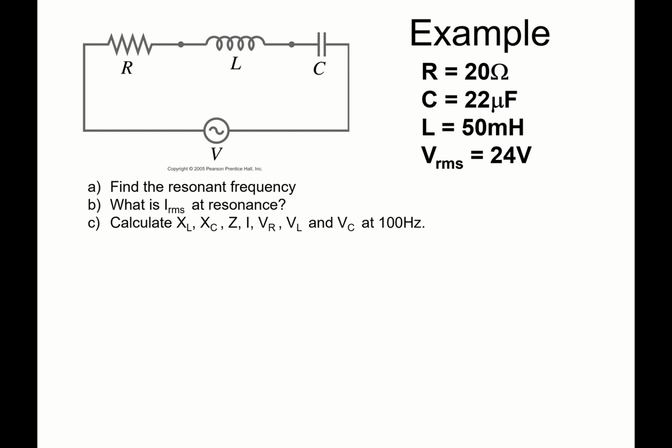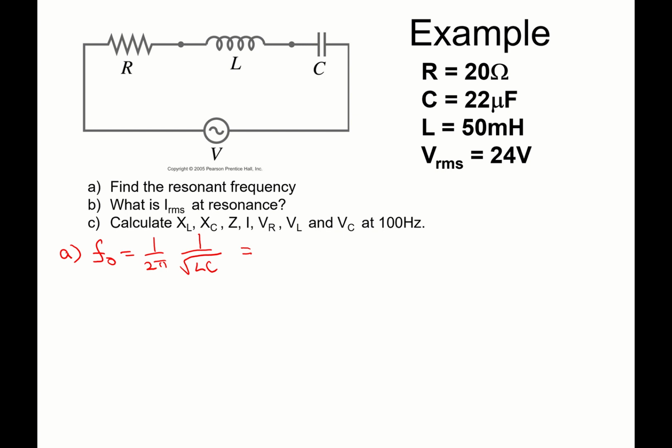So first it asks me to find the resonant frequency. My equation is the resonant frequency F0 is 1 over 2 pi times 1 over root LC. So this is pretty straightforward. What's the biggest mistake people make? You've got to put L and C into henries and farads.